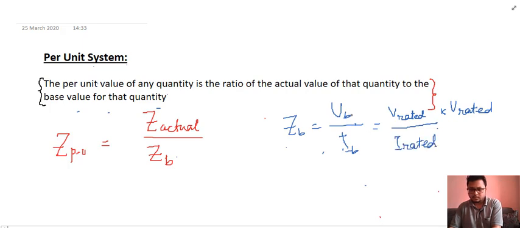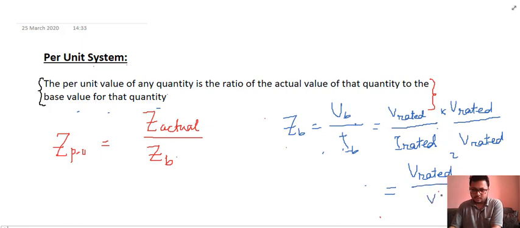So ZB equals VB by IB equals V rated by I rated, voltage by current. Both sides I have multiplied by V rated. So what I'll get is V rated square divided by V into I. V into I means volt ampere. This is the base value.